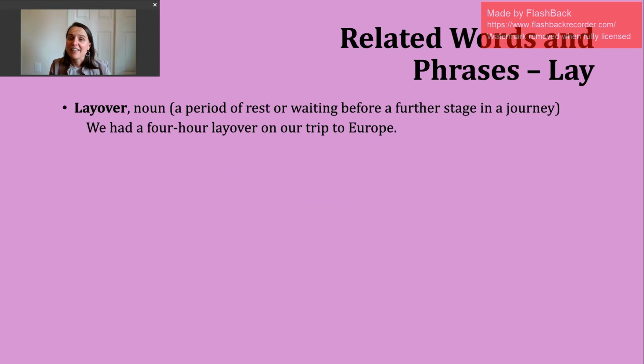So you might hear the noun form in a sentence like this. We had a 4-hour layover on our trip to Europe. So we flew one place to another, we waited 4 hours, and then we continued on our trip to Europe.